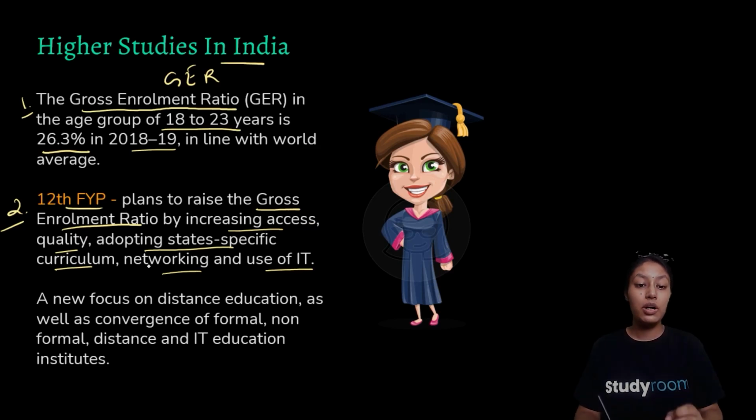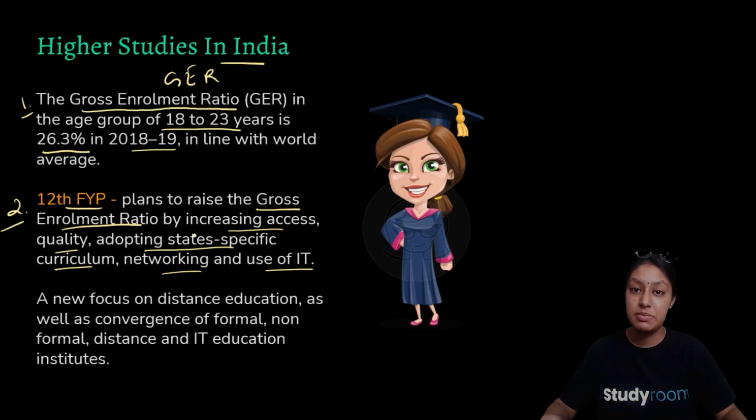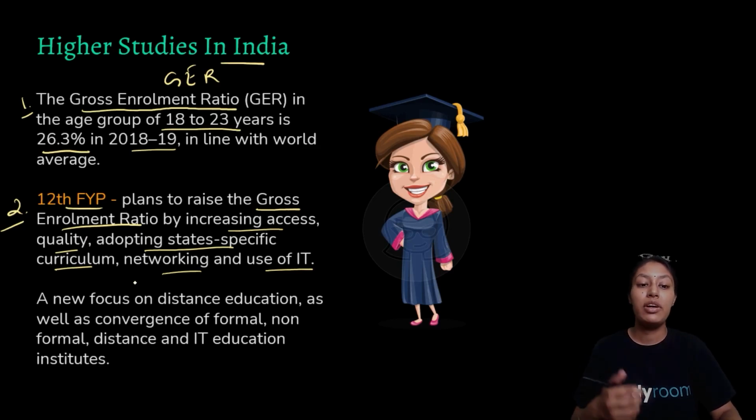The government has made institutions more accessible to students, increased the quality of institutions, and adopted state-specific curriculum. Networking and use of IT means spreading different types of courses and networks, which have also been included in the 12th 5-year plan to increase the gross enrollment ratio.